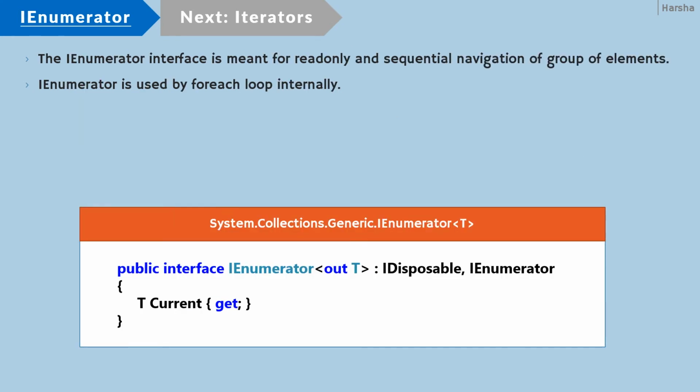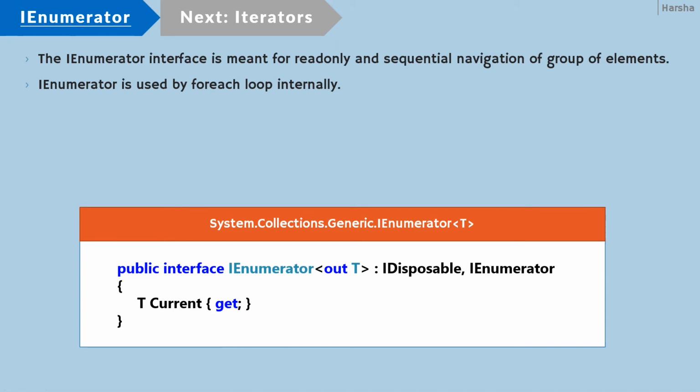But the intention of the IEnumerator is not for representation of multiple items, but reading through a set of elements. So whenever there is a certain group of elements that is represented as IEnumerable, going through each and every element one by one in a sequential order is the intention of IEnumerator.